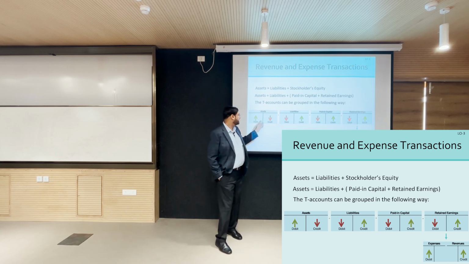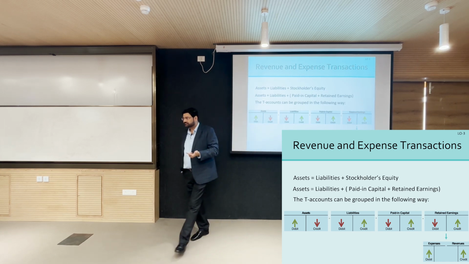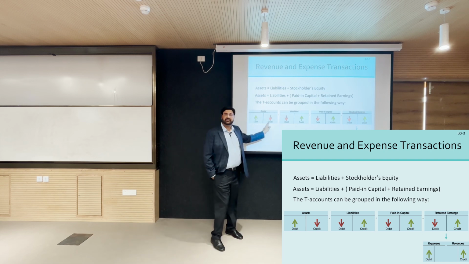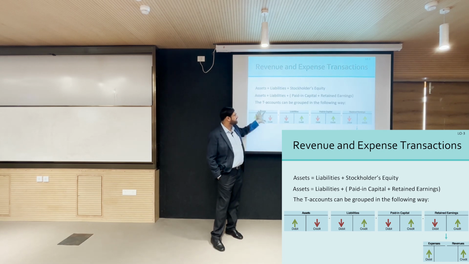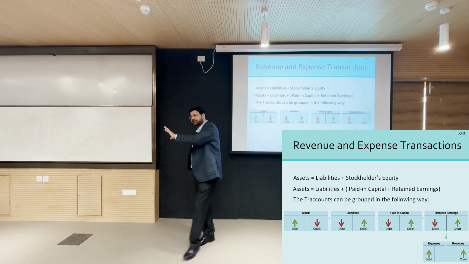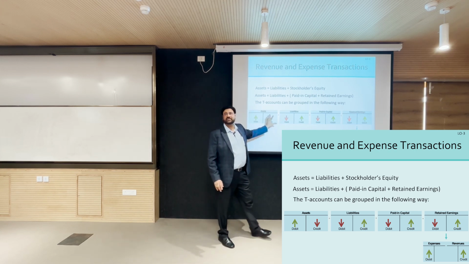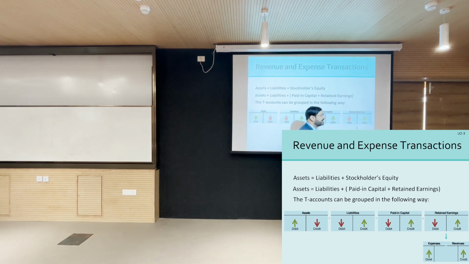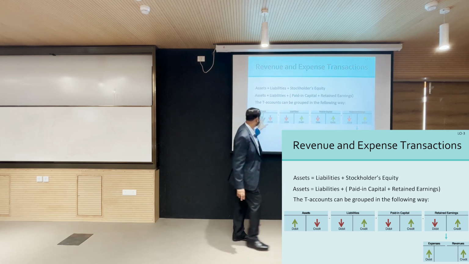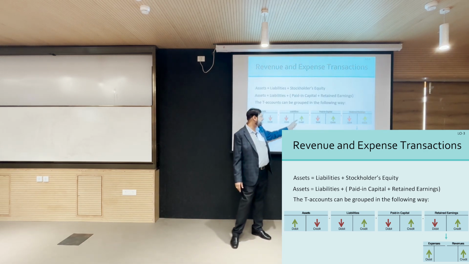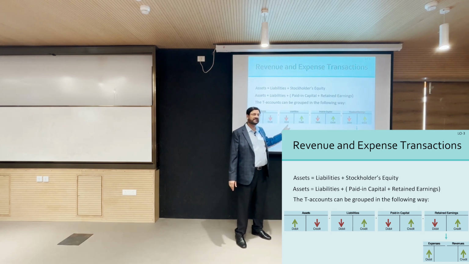So, what was the rule? We said assets are debit, increase in assets is debit and decrease in assets is credit. And assets is on one side, liabilities and equity are on the other side. From common sense, we know that this must be the ulta or reverse, right? So, if assets are debit, then liabilities are credit, increase in liabilities is credit and decrease is debit.